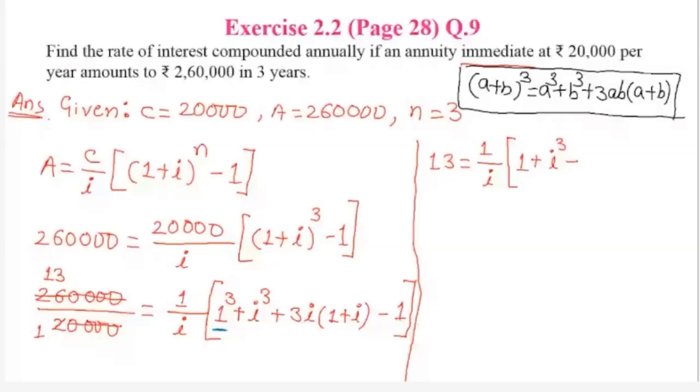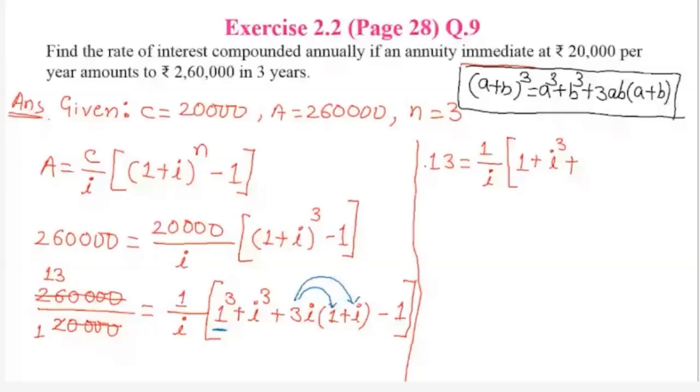Plus. Now Dhruv, there is a bracket which says 3i multiplied by. With this 3i, you first multiply by 1, then with 3i, you multiply by I. 3i multiplied by 1 is how much? 3i.